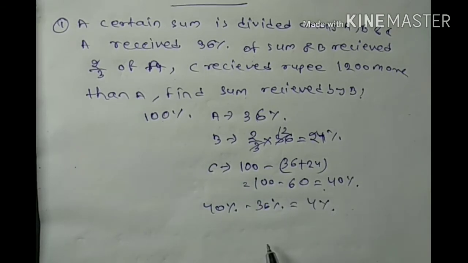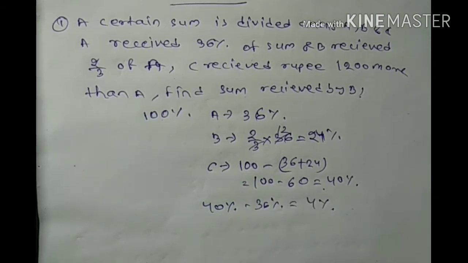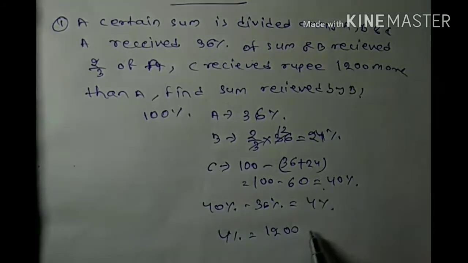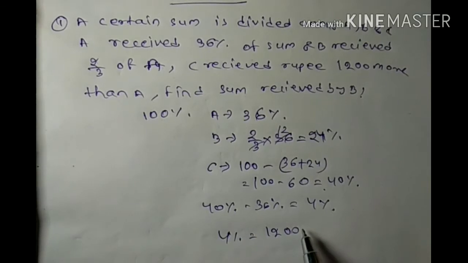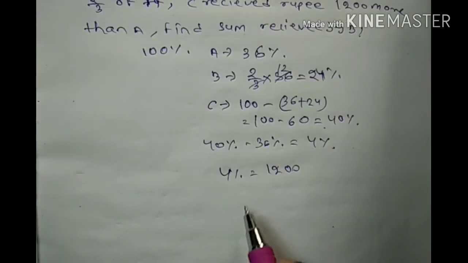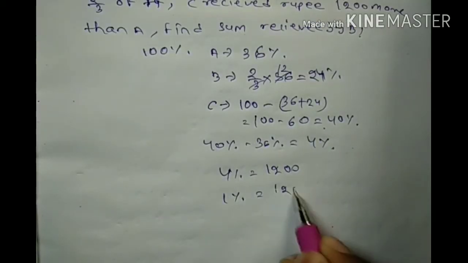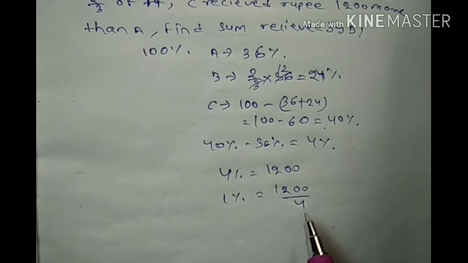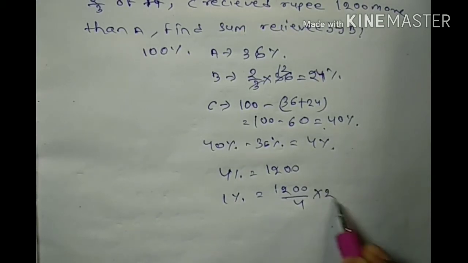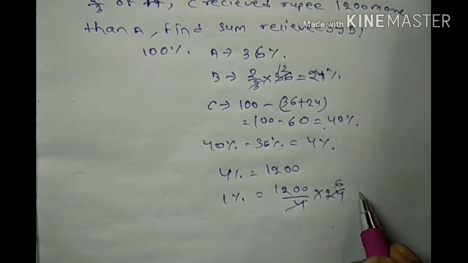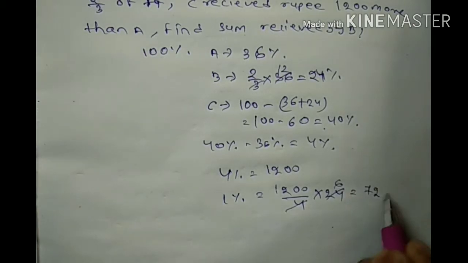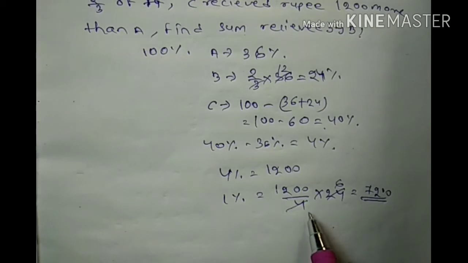So C is 4% greater than A. In the question it is given that 4% is 1200. So 1% is 1200 by 4. You have to find 24%. So 1200 by 4 into 24, 4 6s are 24, 7200 is received by C.